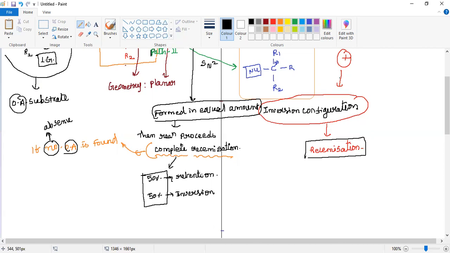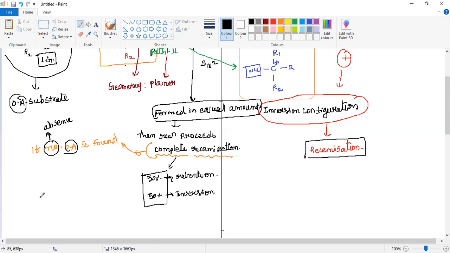Once again I am repeating the point: this type of statement should be noted, as statement-wise questions can come in JEE as well as NEET. So just listen to me carefully.